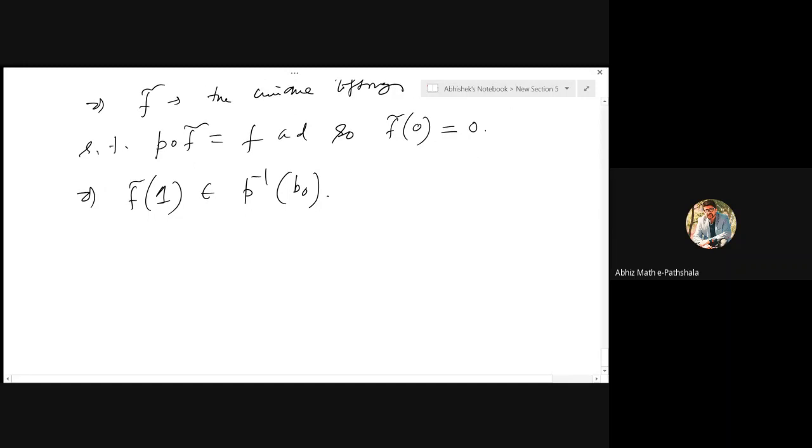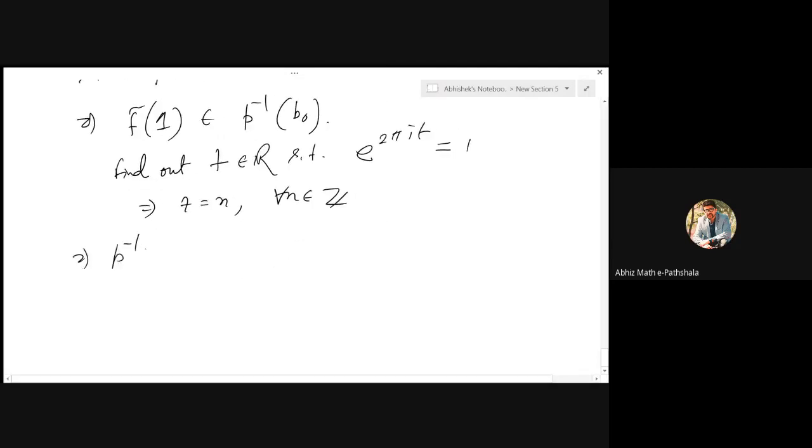Now, what is P inverse of B naught? If you check and calculate, you need to find out t belonging to R such that e to the power 2 pi i t is equal to B naught, that is 1, right? And I think you can do this on your own, and you will have that t are the integers.